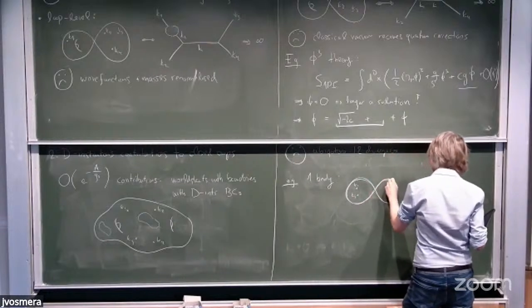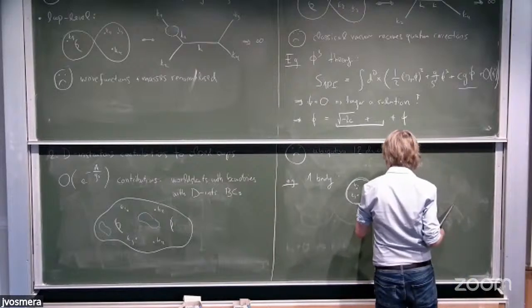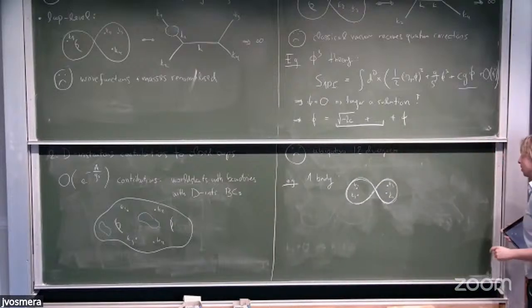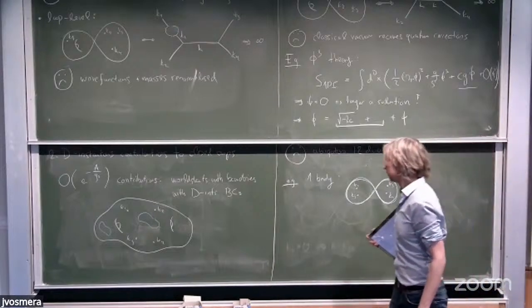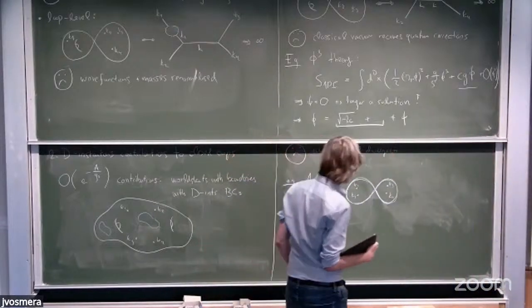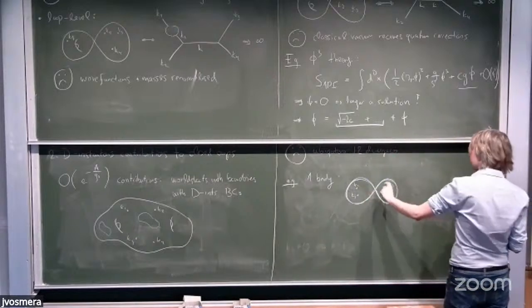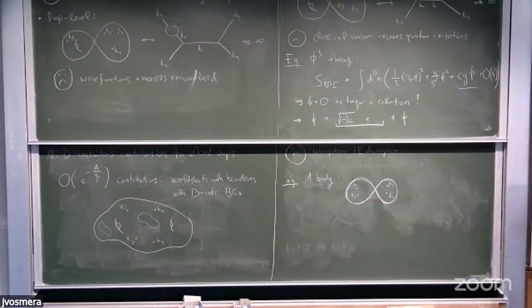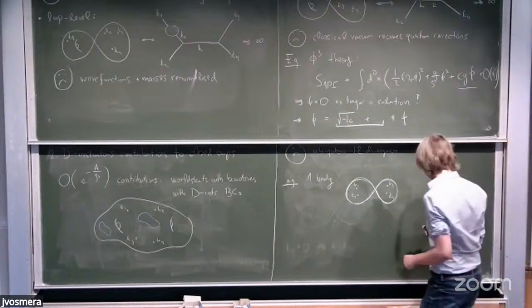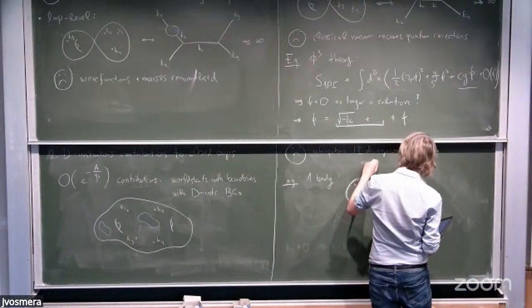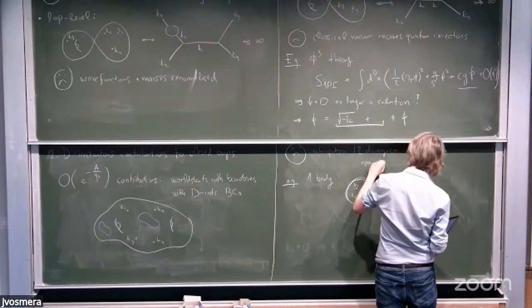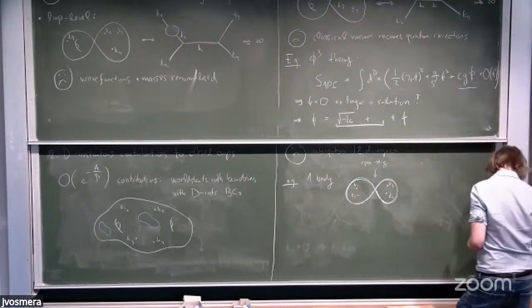So this curve is supposed to represent the boundary of the disk. And this pinching degeneration here is now not to be associated with a propagating closed string, but with a propagating open string, because this is supposed to be conformally equivalent to a very thin strip. So this is now open string degeneration.